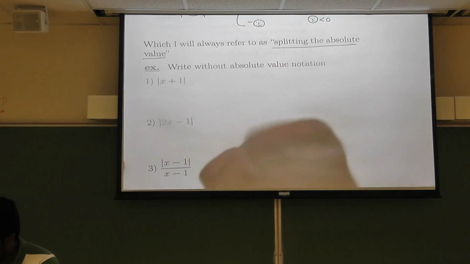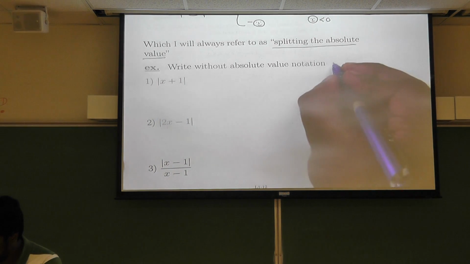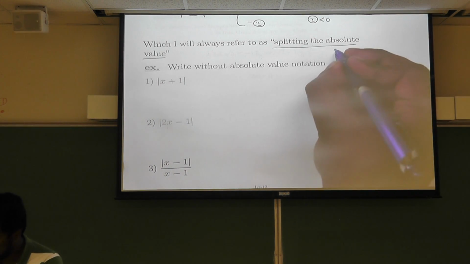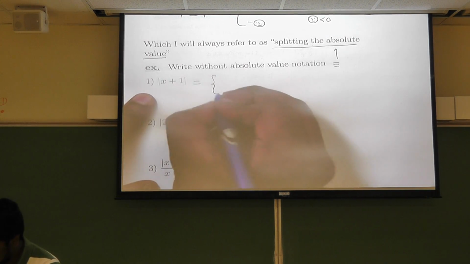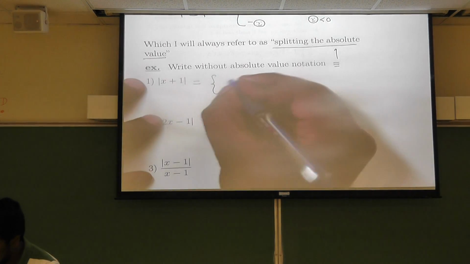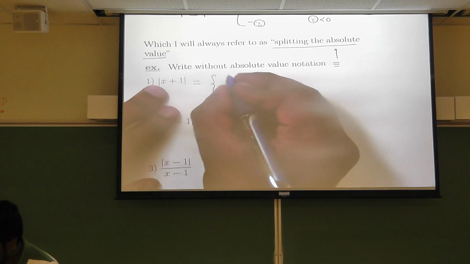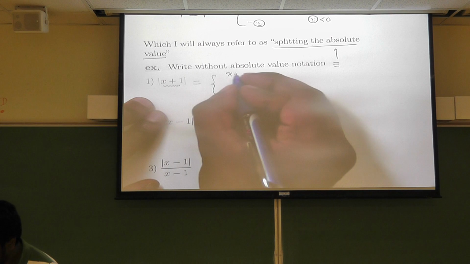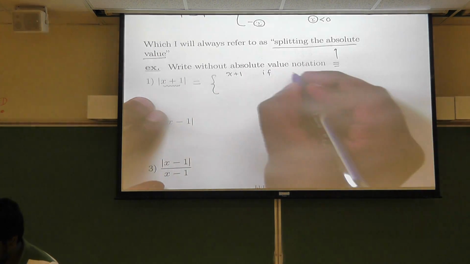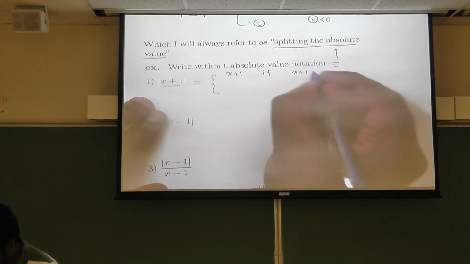So write without absolute value, the same as split the absolute value. So let's write this. Write the braces, and the same thing that's inside, just x plus 1 if x plus 1 is greater than or equal to 0.